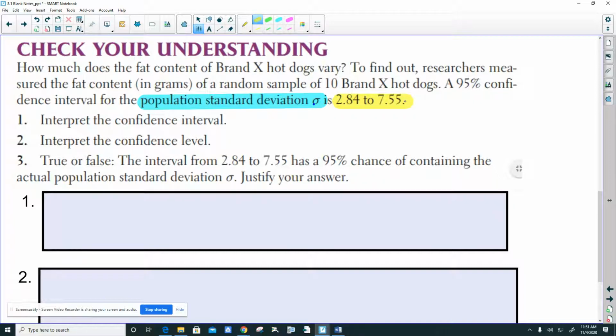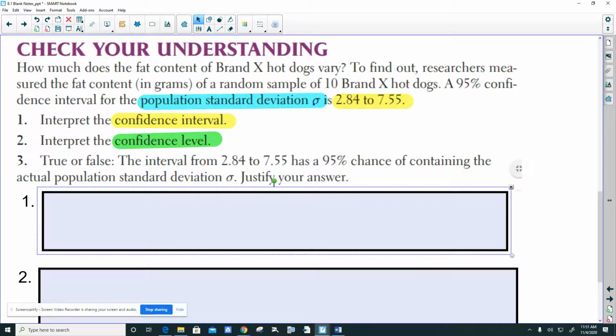Now, most of the time in statistics, at least in AP statistics, when we are talking about trying to estimate parameters, it is typically a population proportion or a population mean. But in this example, they're having us estimate the population spread, which is the population standard deviation. So they're asking us to interpret, now notice there is a difference between interpreting a confidence interval and then part two here, which is to interpret the confidence level.